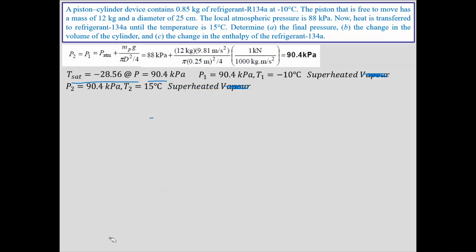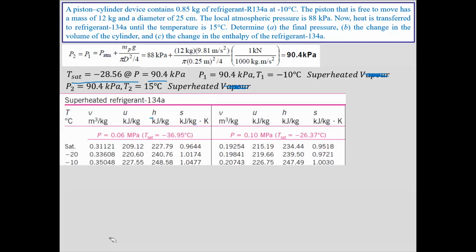So if you go to the superheated refrigerant R134A table, you would see that the pressure given is 0.06 megapascal, and then the table is given for 0.1 megapascal.